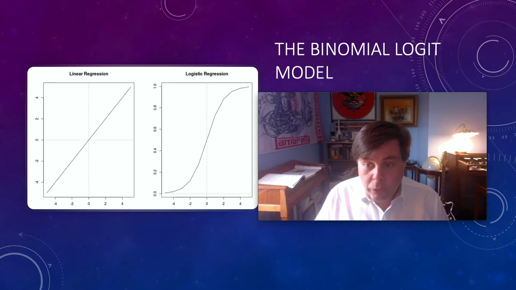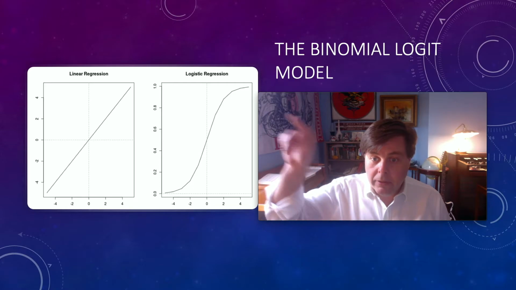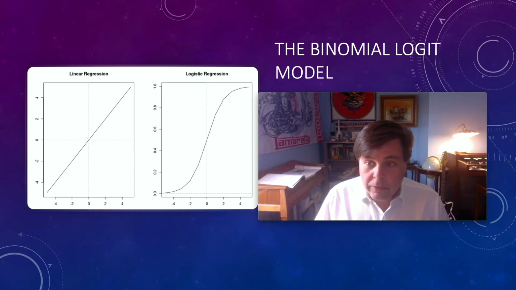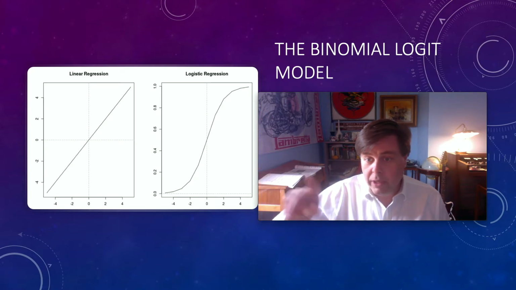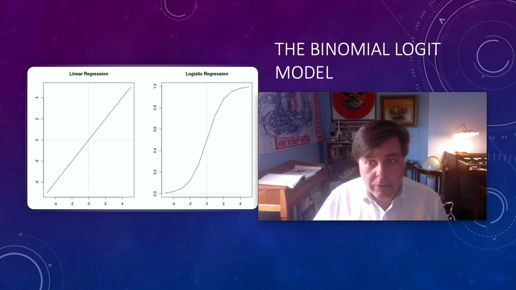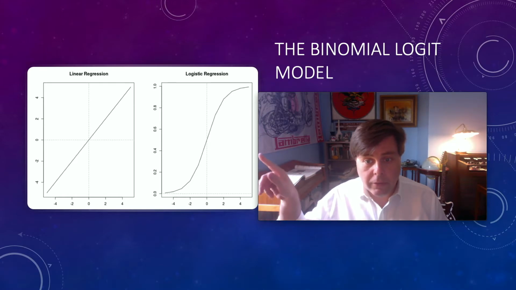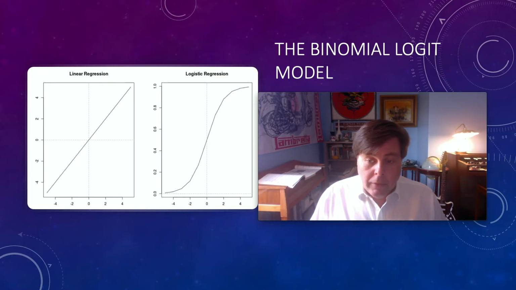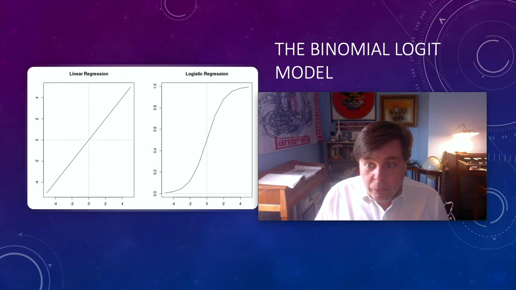The form of the estimated relationship is asymptotic to the value of 1, and the same for the value of 0. It approaches, but only at the limit does it reach 1 or 0. It takes on this S-style shape rather than the linear shape that we see on the left.